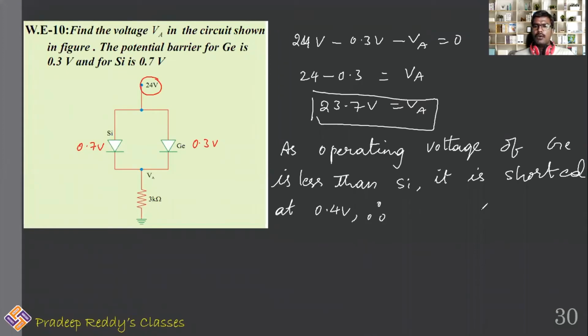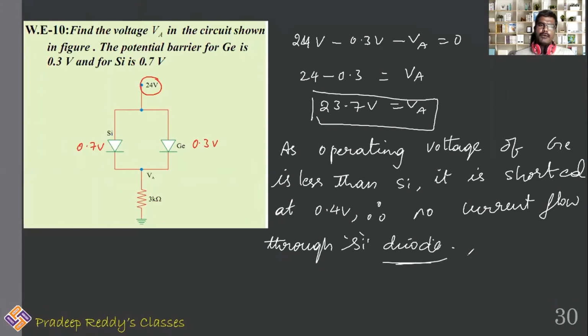Therefore, no current flows through the silicon diode. No current will be flowing through the silicon diode. Only germanium will act as a wire, switch on. As a result, total current will be flowing through germanium only. This will be useless.